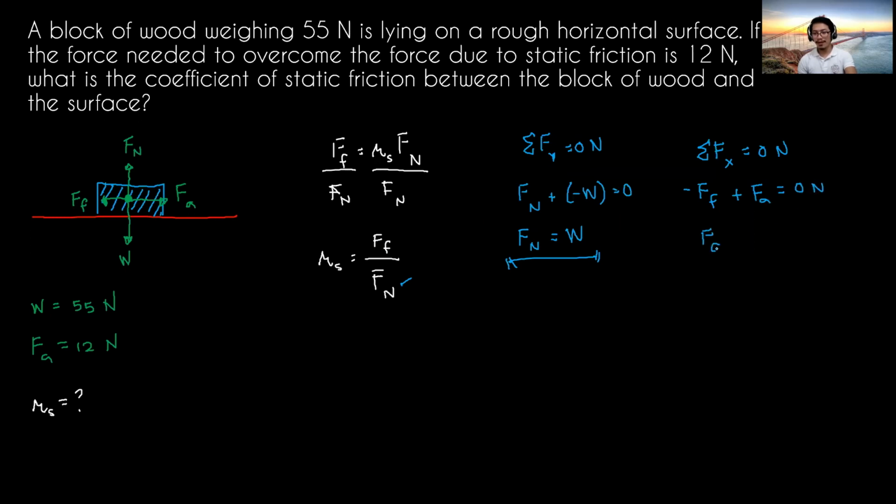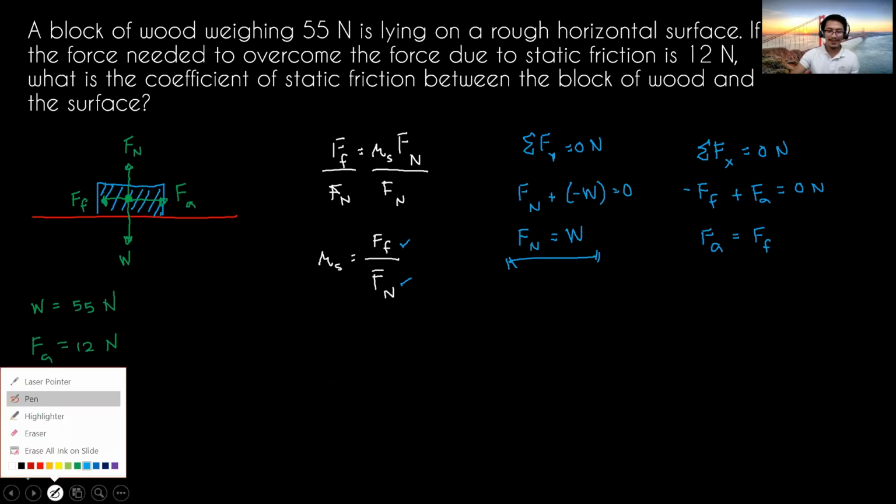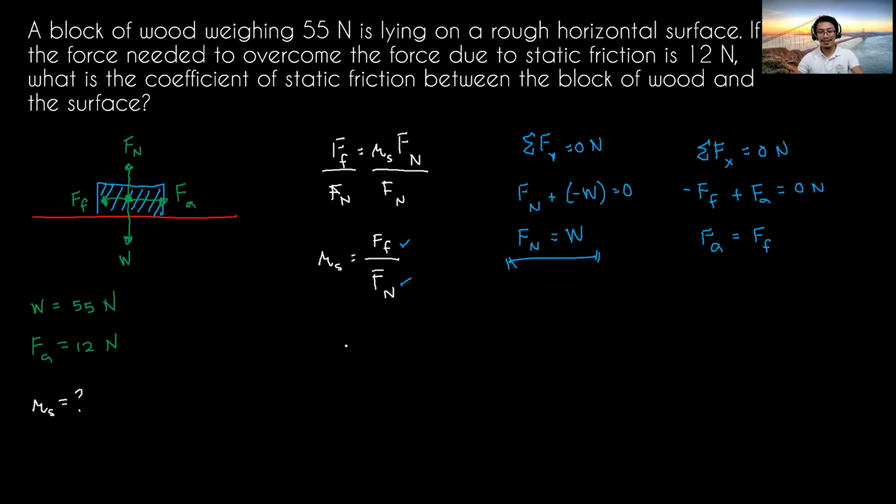So that means Fa is just equal to Ff. As long as you familiarize yourself with the problem, it is easy. So Ff is just Fa, which is 12 Newton.